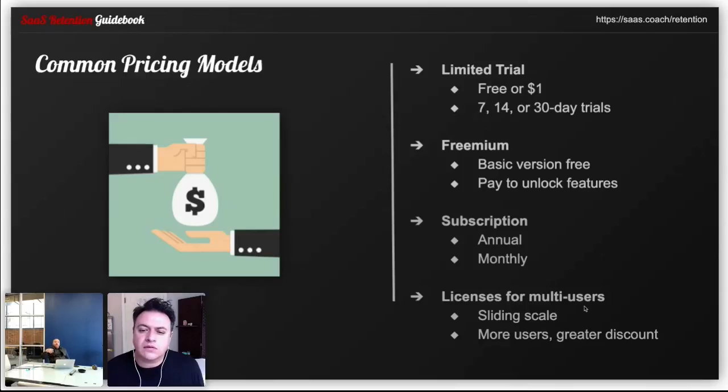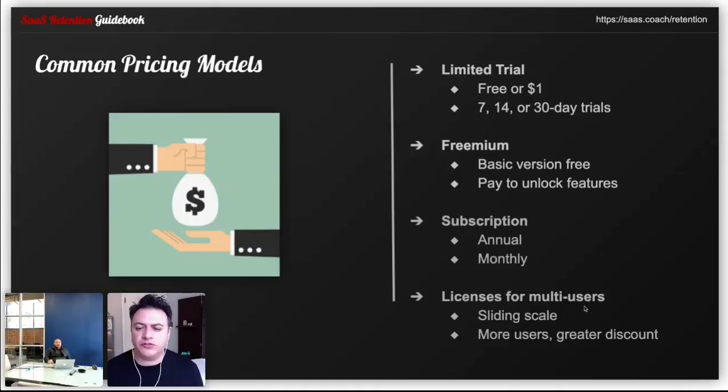And then finally, the licenses, which we talked about with WordPress. You see that a lot of times there's the licenses for the number of sites, or you can even get into user licenses where it's a sliding scale and it's $50 for every user that you add on annually. So there's a lot of different ways that you can even take the previous slide and then tie that into how you're actually going to be charging people.